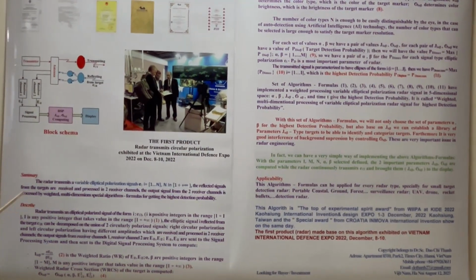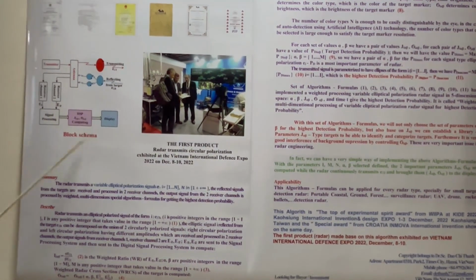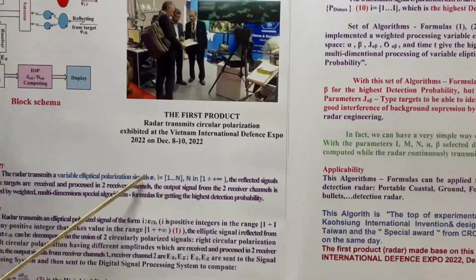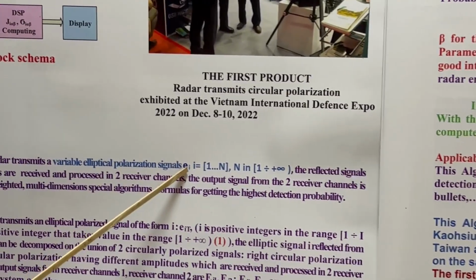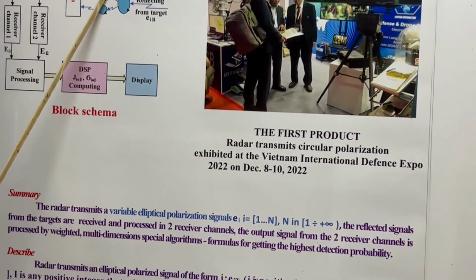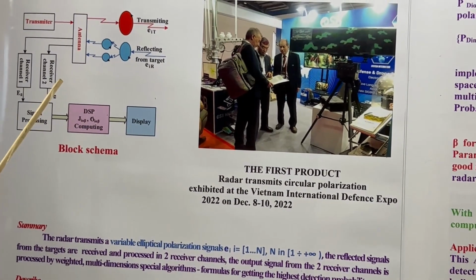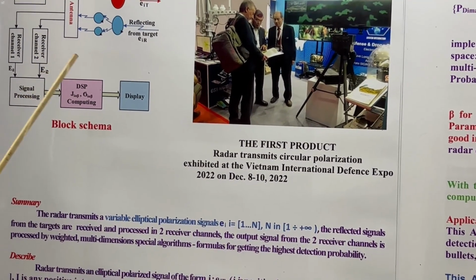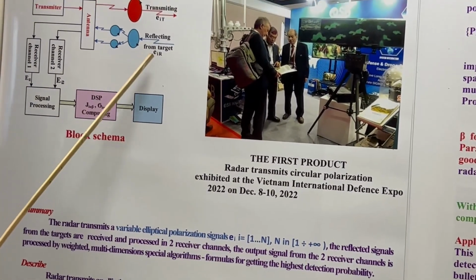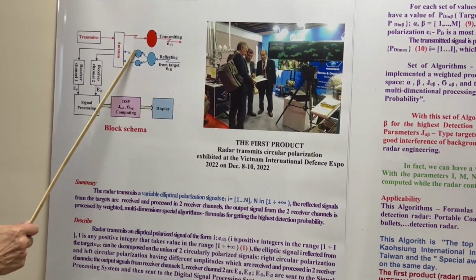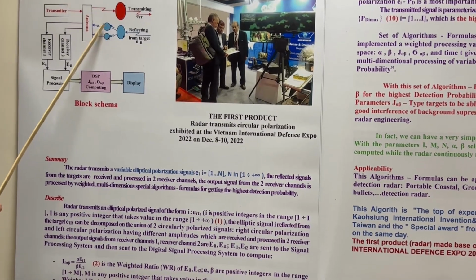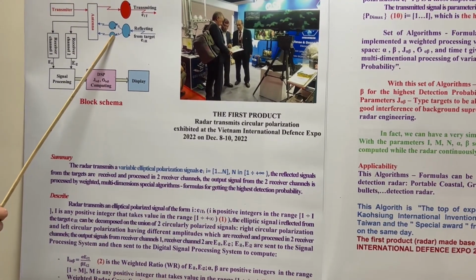You see this block schema. The radar transmits variable elliptical polarization signal, EI, and the reflected signal from the target is received and processed in two channels because the reflected signal is divided in two parts, right circular polarization and left circular polarization.